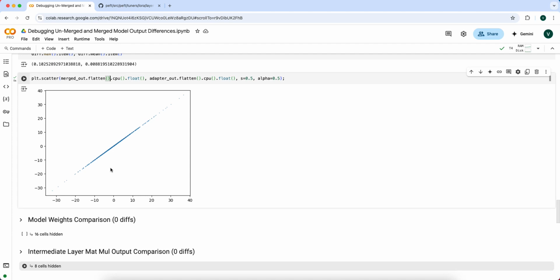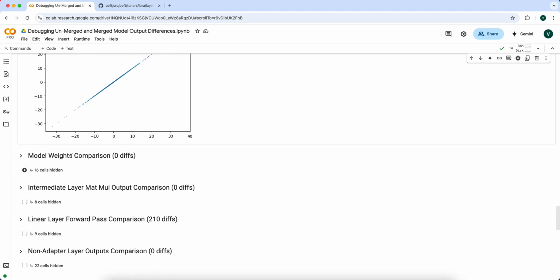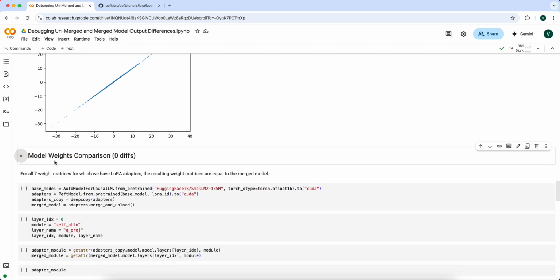Was that causing a floating point difference? Was it the matrix multiplication between the weight matrices and the input? So I'm just going to go through some of these experiments that I ran and show how I eliminated some of these other possibilities from consideration as the source of the problem.